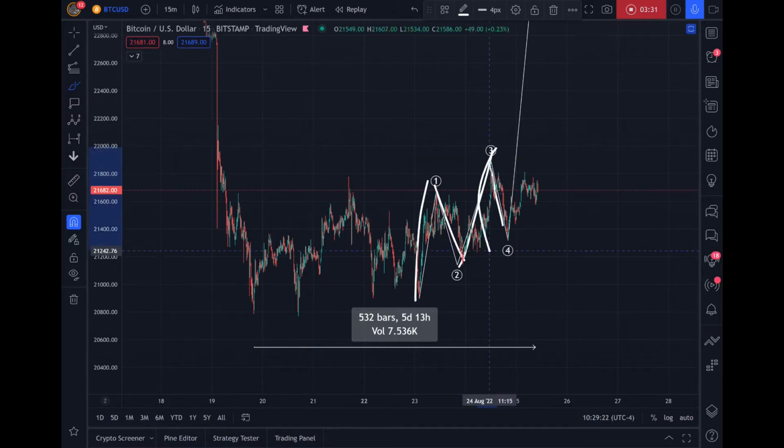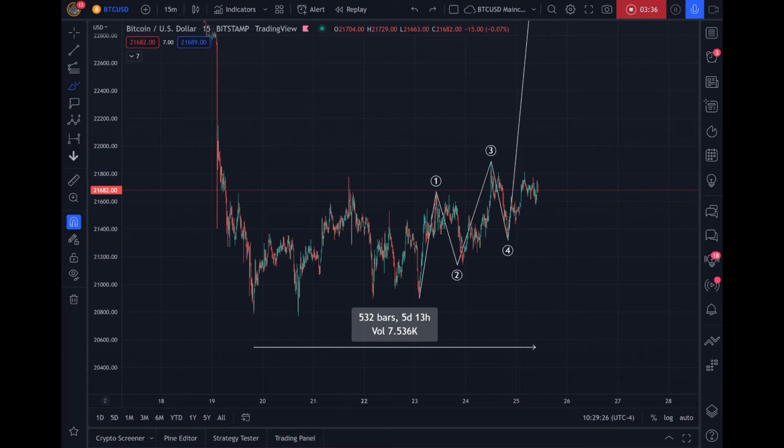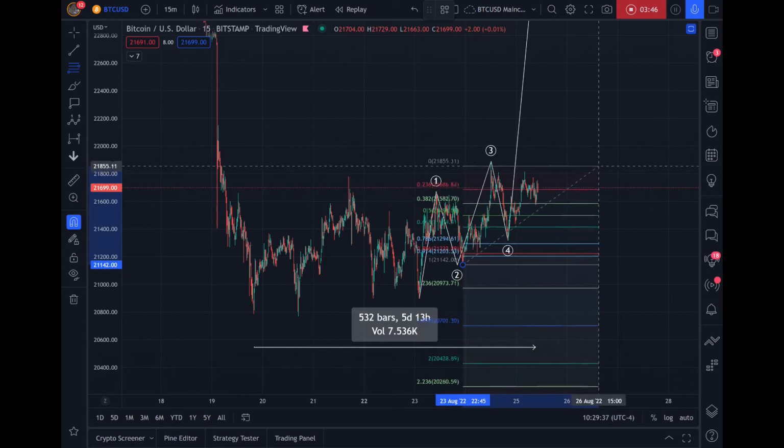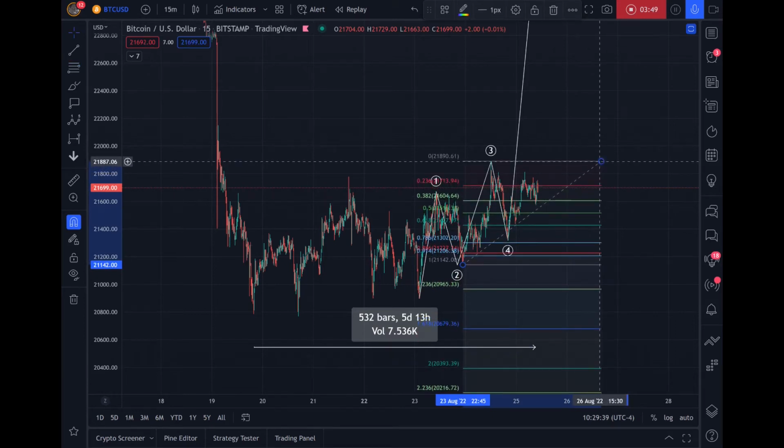Now, wave 4 here broke the ever important 0.382 Fibonacci retracement level of wave 3. If we take the Fibonacci retracement tool from the bottom of wave 3 to the top, you can see that wave 4 comes all the way almost to the 786.